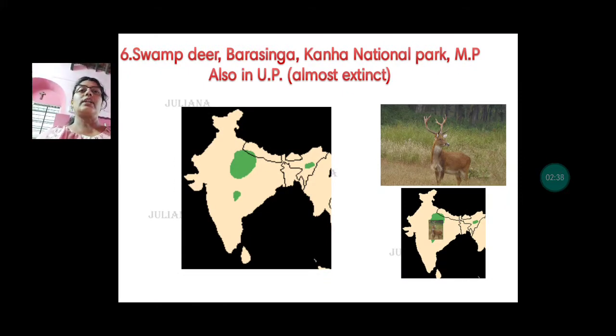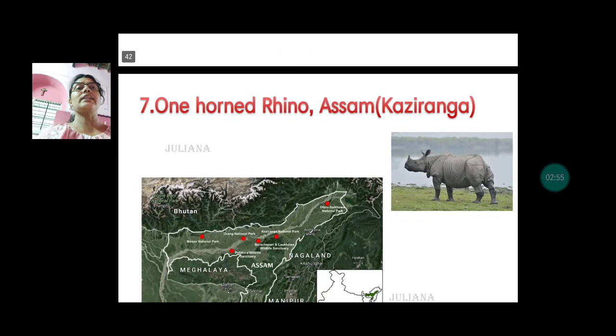The sixth one is swamp deers. They are also called as Barasingha in India. They are normally found in the Kanha National Park in Madhya Pradesh, also in Uttar Pradesh. Okay, Jim Corbett National Park is also present there in Uttar Pradesh. So these are almost getting extinct now. The next one is one-horned rhino.